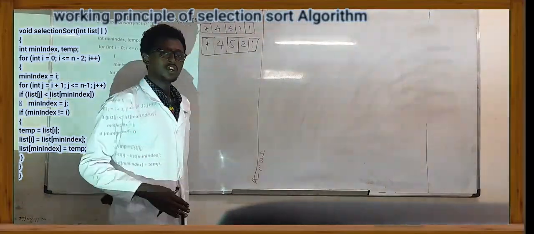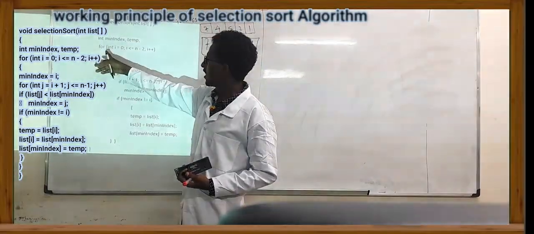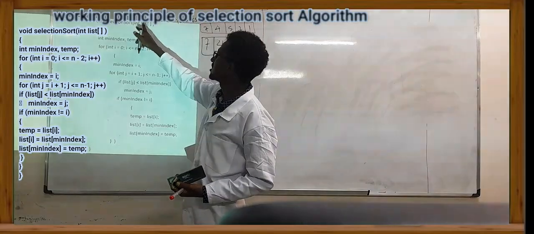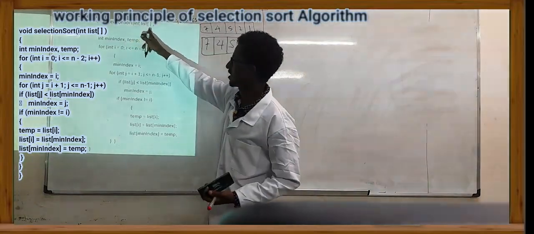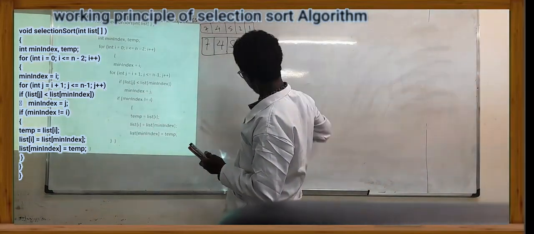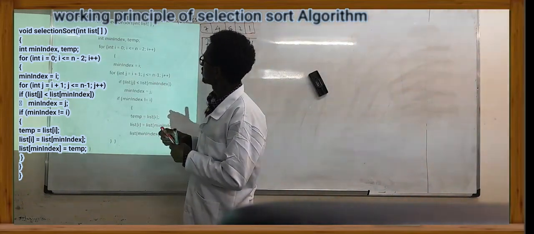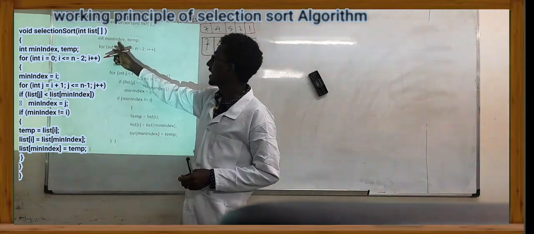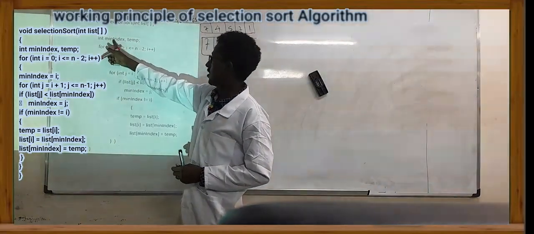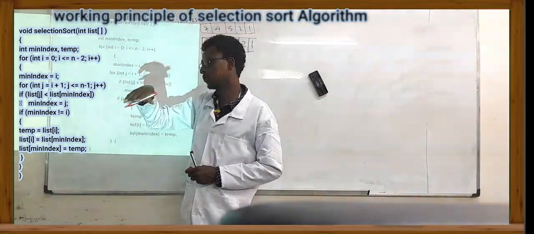How do we sort it? To sort it using the selection sort algorithm, we use two for loops. Before that, we create a function, selection sort, and we pass the list of arrays to the function. Then just declare the min index value, the minimum of the array list, as one variable, and a temporary variable used to swap two values in the array.